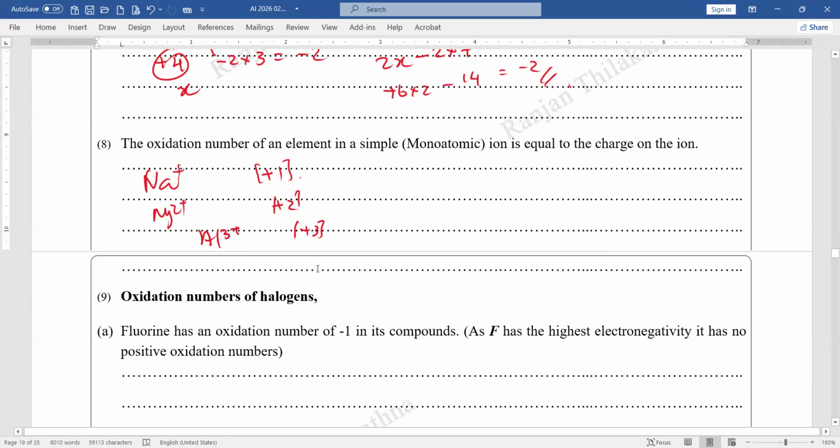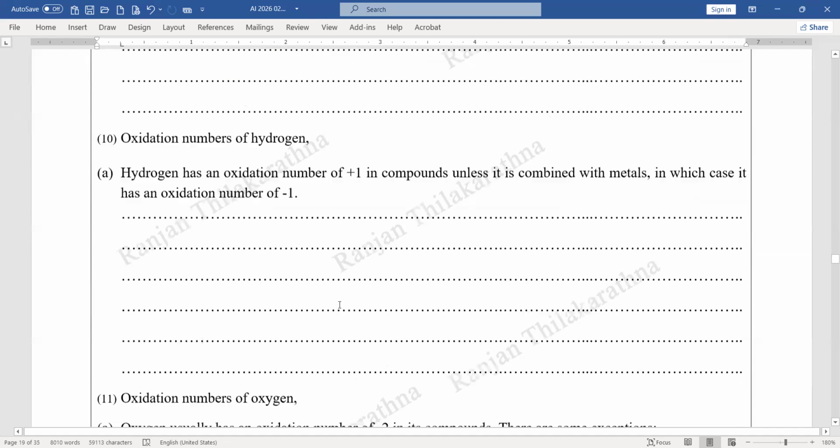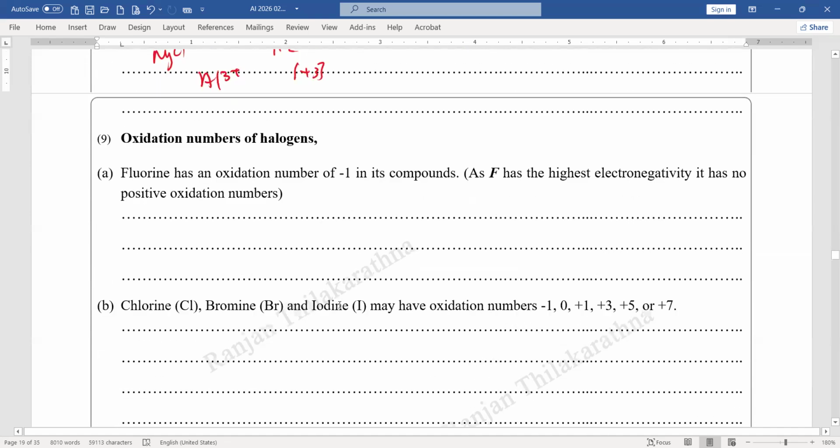Then the oxidation numbers of halogens are a bit different. It has a wide range. In the case of fluorine, the oxidation number is always -1. Why? Because it is the most electronegative element, and nothing can take an electron from fluorine.